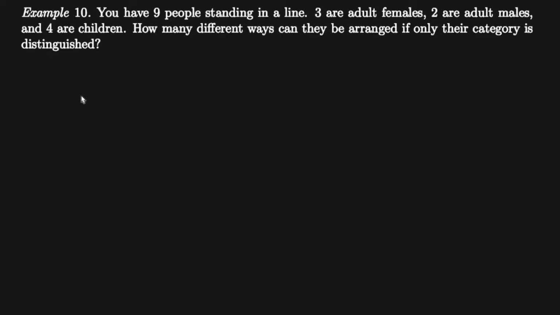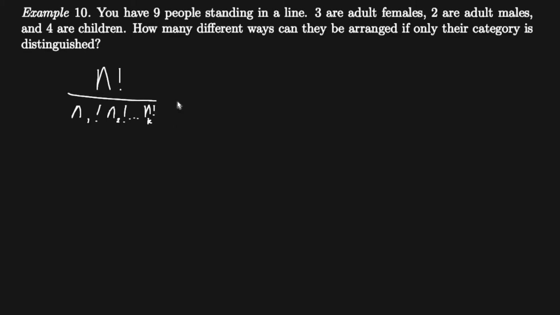So for here, we can state a theorem where if you have n things of which n1 are of one kind, n2 are a second kind, and nk are kth kind, then the number of distinct permutations is n factorial over n1 factorial times n2 factorial, then dot dot dot, times nk factorial.